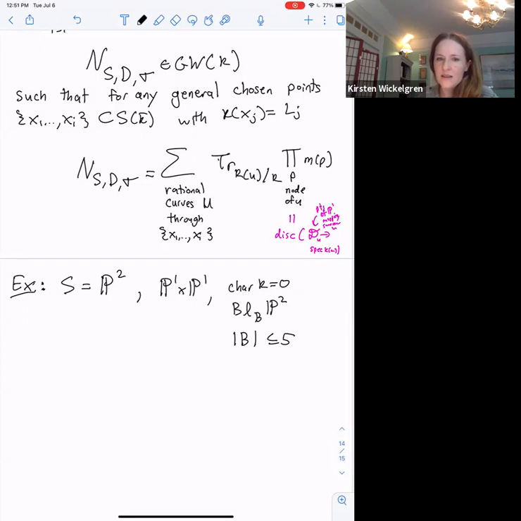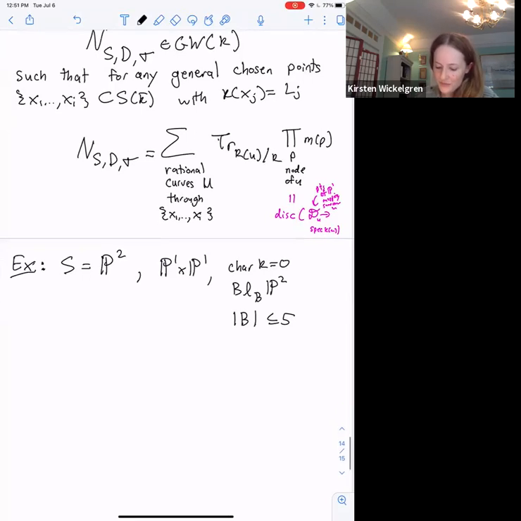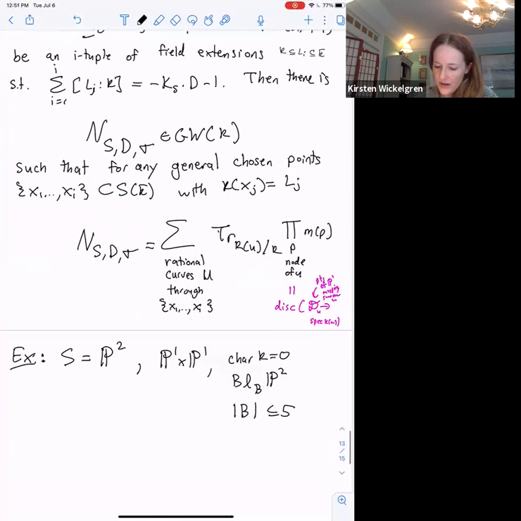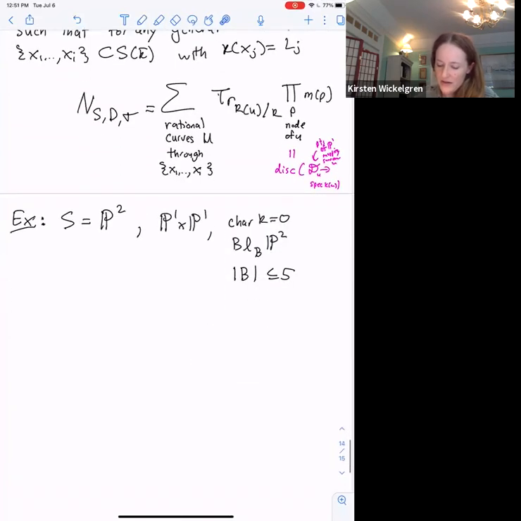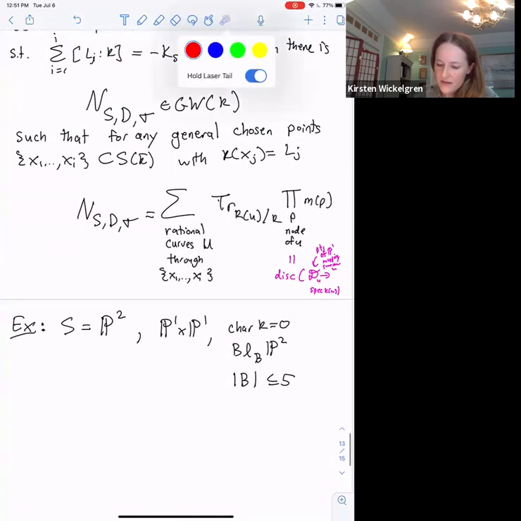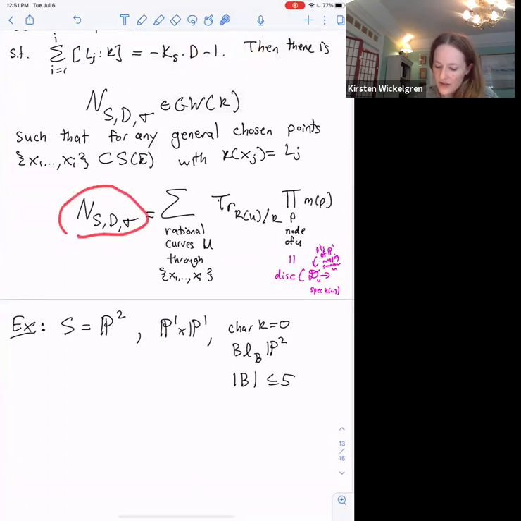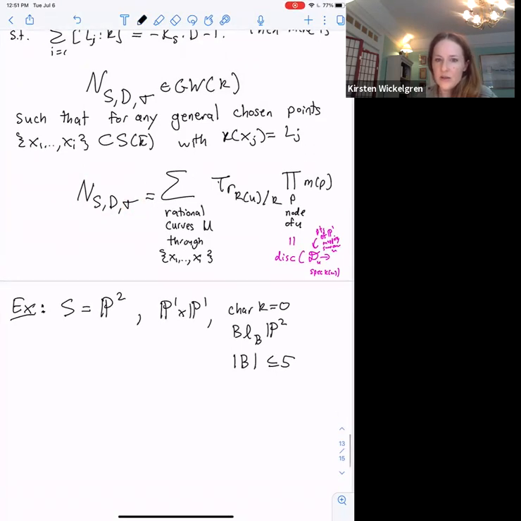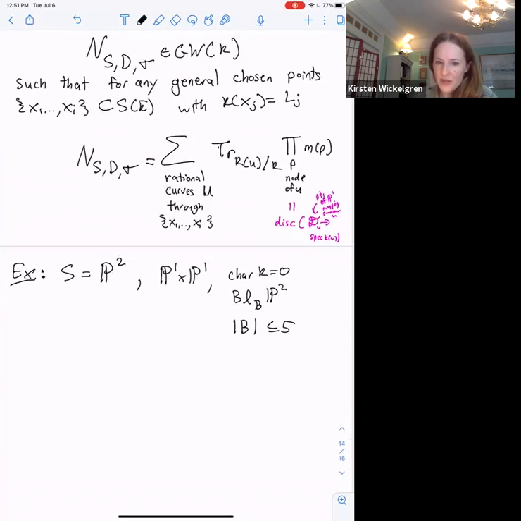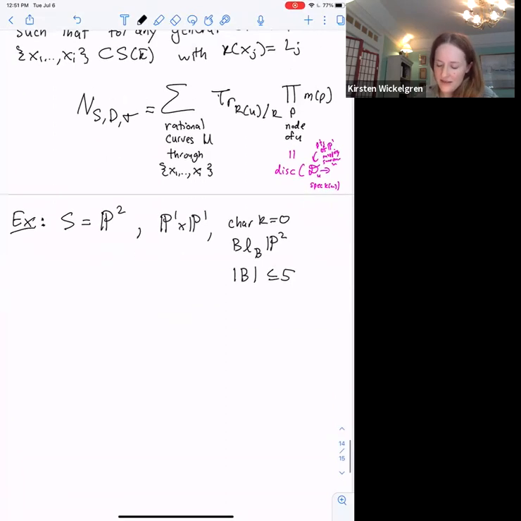Okay, so let's remark that these numbers don't depend on the choice of points. They only depend on the field extension.